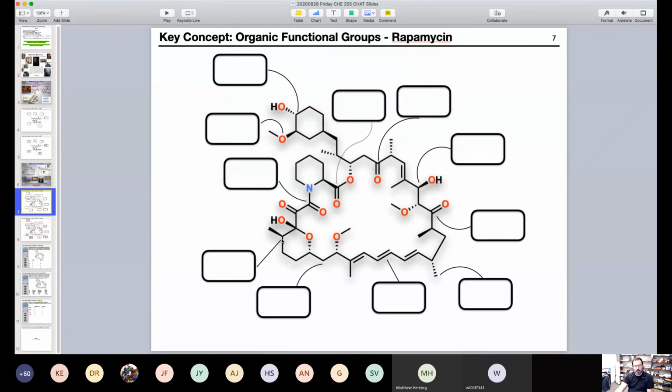So Christina, we're actually pointing to this carbon right here. So a carbon bearing a single CH, yeah, it's sp3 hybridized.